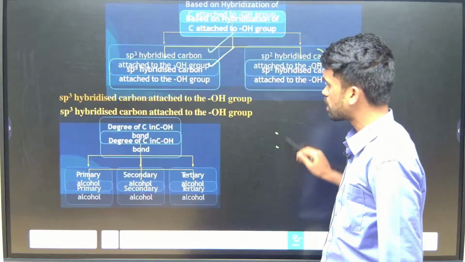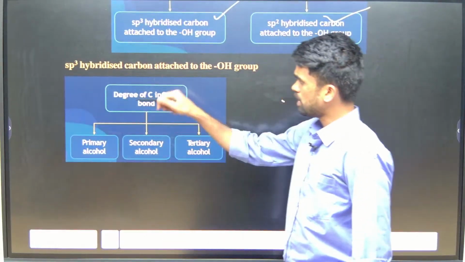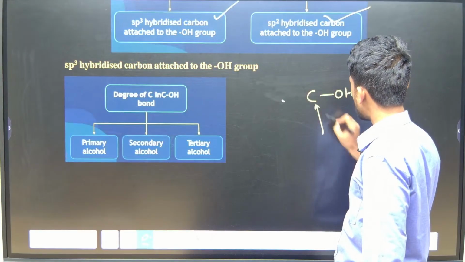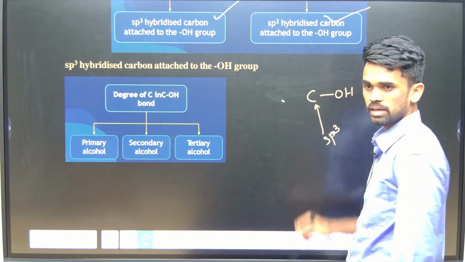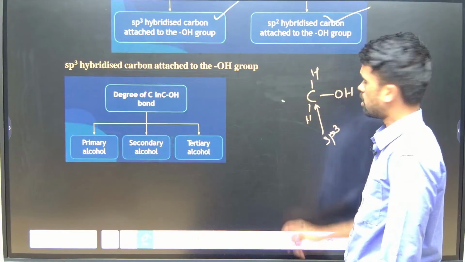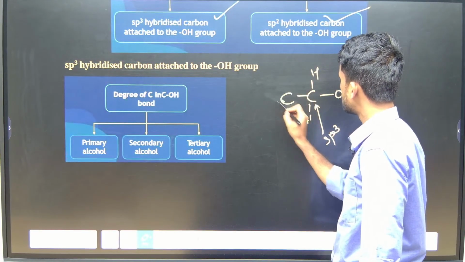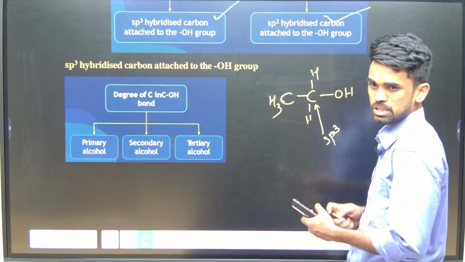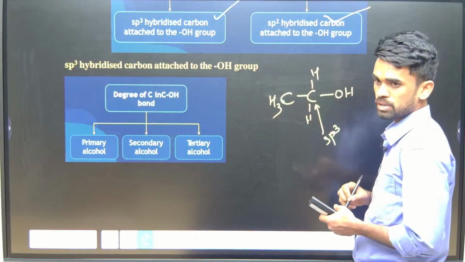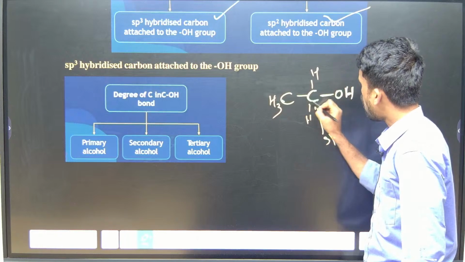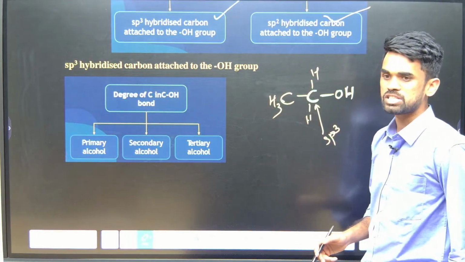Now just look here. When the OH group is present on an sp3 hybridized carbon, which carbon is it? This carbon is sp3 hybridized. How many groups are around it? Four groups, so four sigma bonds. So this is an sp3 carbon. To this OH-bearing sp3 carbon, how many carbons are directly attached?